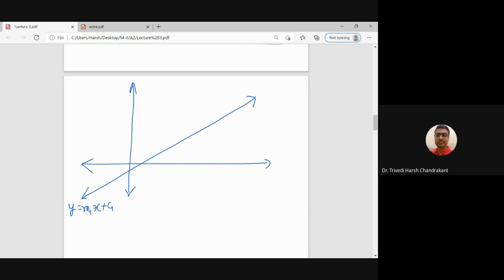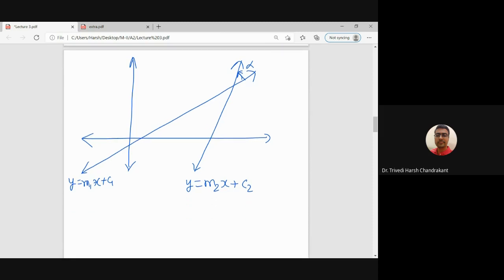The other line is y is equals to m2x plus c2, and these two lines make angle alpha, right? So angle between them is alpha. So then what will be the relation between alpha and m1 and m2?